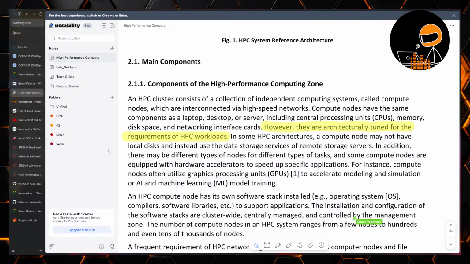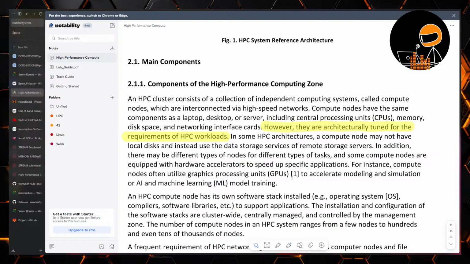node may not have local disk and instead use the data storage services of remote storage servers. Okay, NFS. In addition, there may be different types of nodes for different types of tasks.